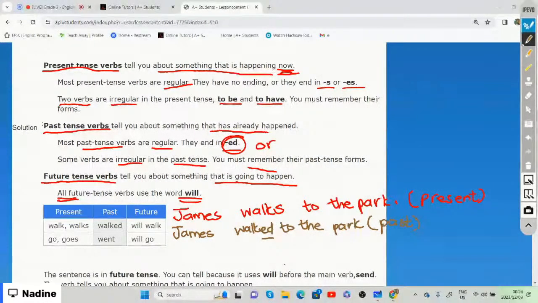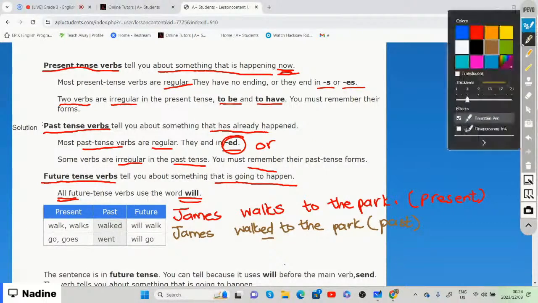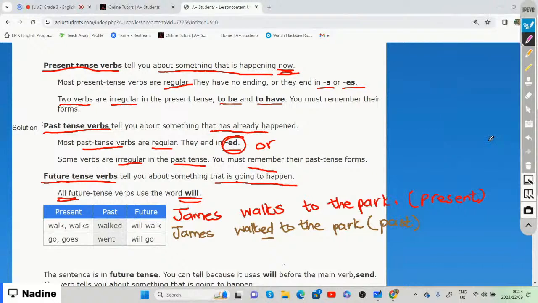Then if we want to write this very same sentence in the future tense, we can say James will walk to the park. There's our word will. And this is our future tense.